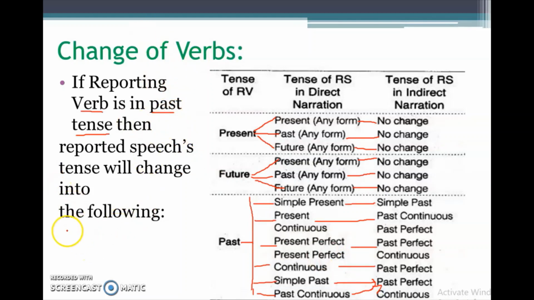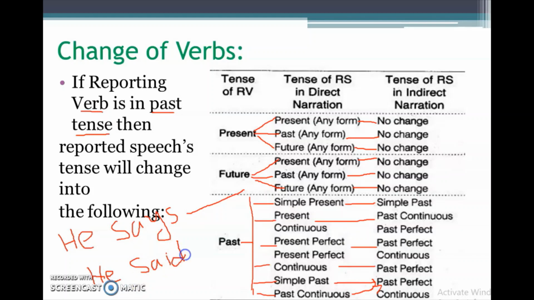So if we summarize the change of verb, then we can say that if in the first part of the sentence there is present or future tense, then we need not change the verb or tense in the second part of the sentence. If there is past tense in the first part of the sentence, then we need to change the verb and we apply all the changes.